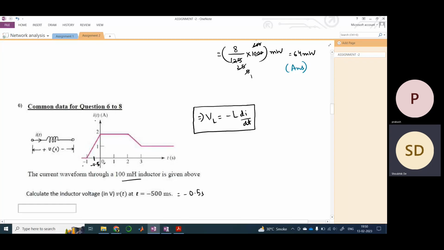from this point to this point, my current is increasing linearly. So this is a straight line equation. Clearly you can see there is no doubt in this, and minus 0.5 second lies somewhere in this. So di/dt would be nothing but the slope of this line.